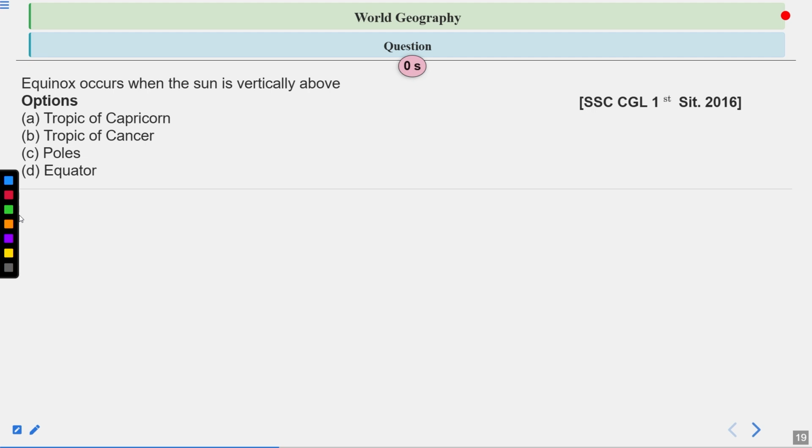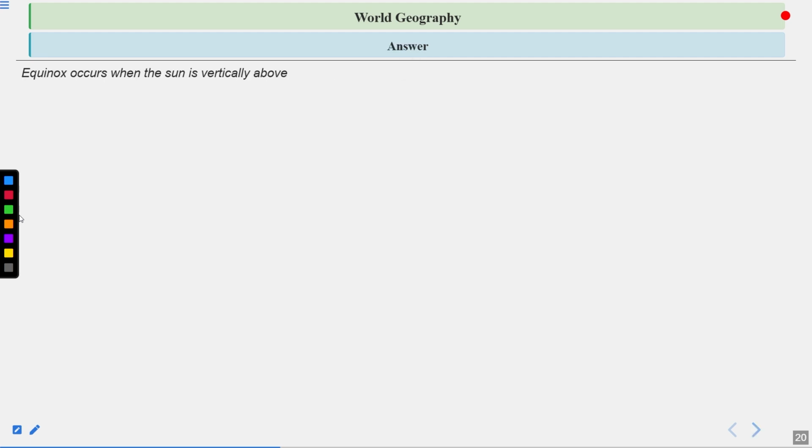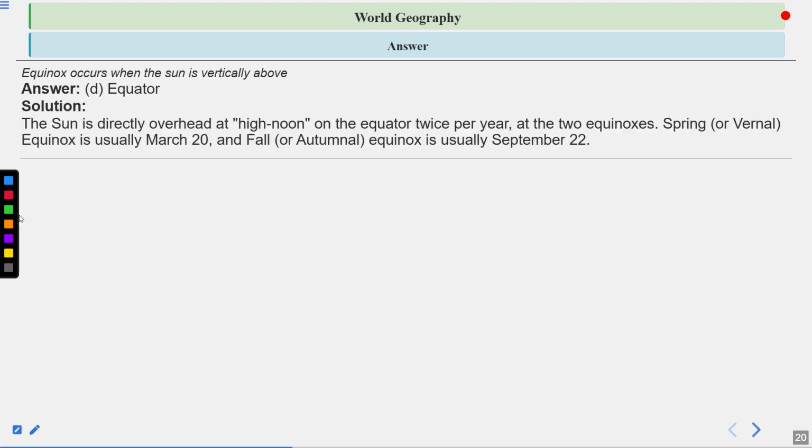And the correct answer according to this will be D option, equator. The sun is directly overhead at high noon on the equator twice per year at the two equinoxes. Spring or vernal equinox is usually March 20 and fall or autumnal equinox is usually September 22. So the correct answer is D.